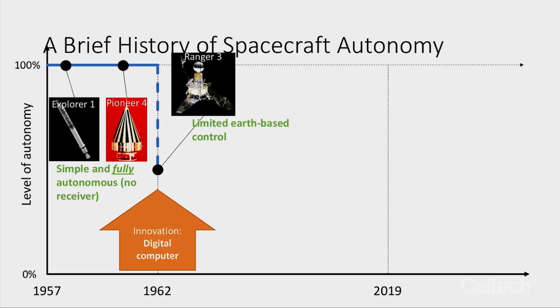And then in the 1960s came the digital computer revolution, and we had the Ranger 3 with limited Earth-based control. There was a sequence of instructions sent to Ranger 3. It had onboard memory and storage, and these sequences of commands were executed on board, but there was no autonomy on board. It was pretty much just a sequence of instructions sent from Earth.